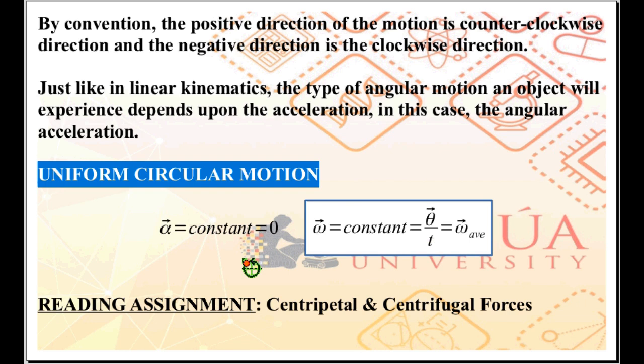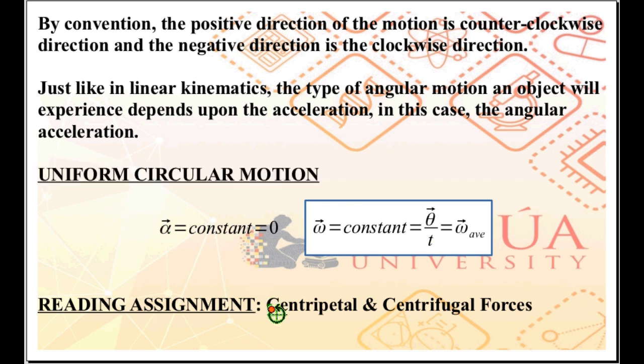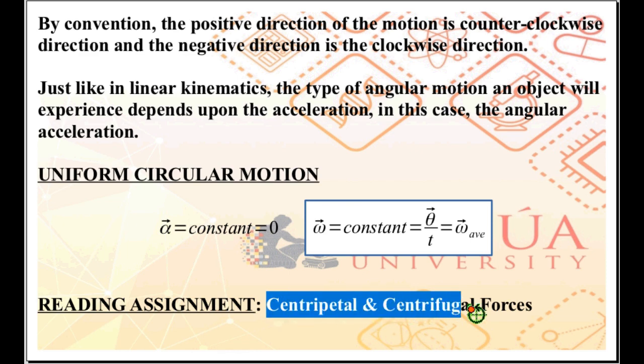For a more complete picture of uniform circular motion, you might want to look into the concepts of centripetal force and centrifugal force. Centripetal and centrifugal forces are often discussed in textbooks under the topic of uniform circular motion.